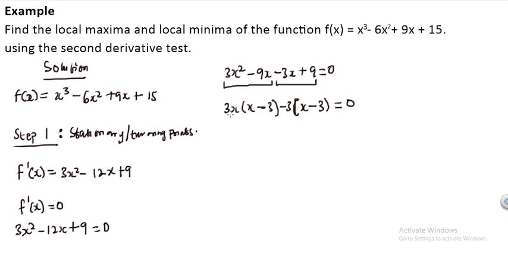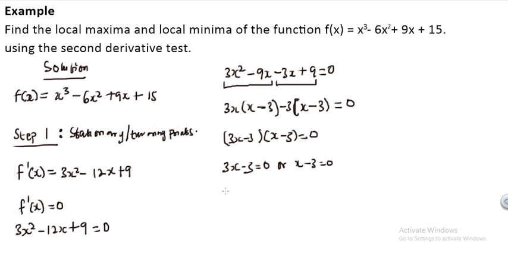Now at this point, I pick this 3x minus 3 as one bracket, and the second bracket becomes x minus 3 is equal to 0. So I'll equate each bracket to 0. So this will be 3x minus 3 is equal to 0, or x minus 3 is equal to 0.